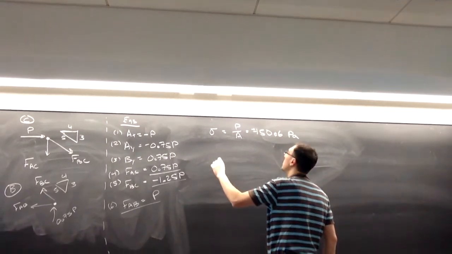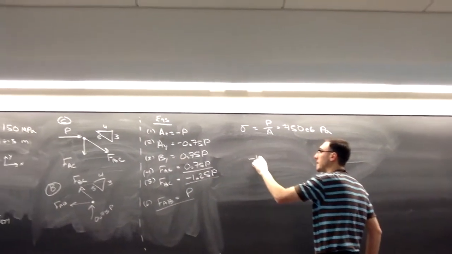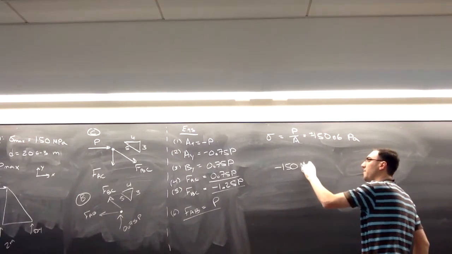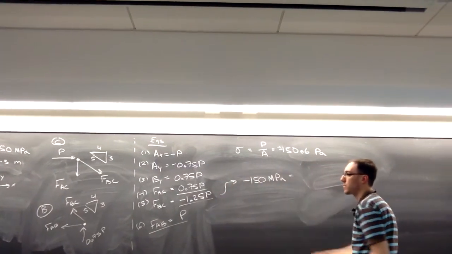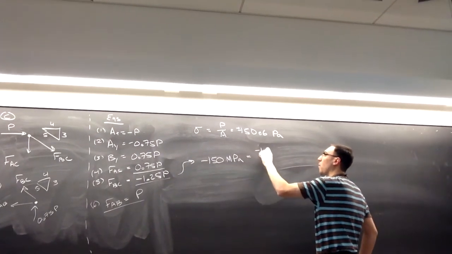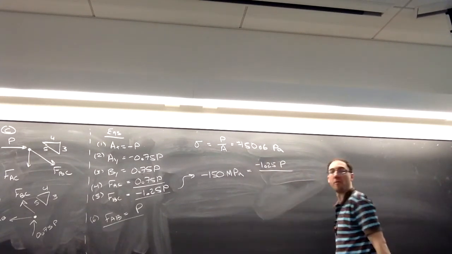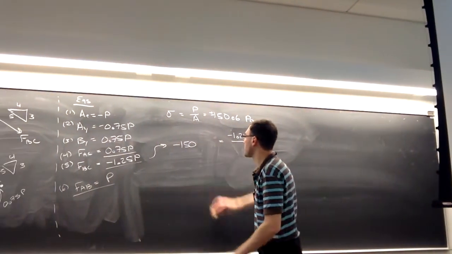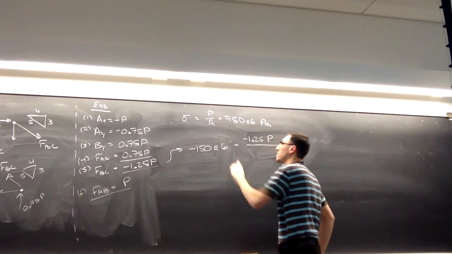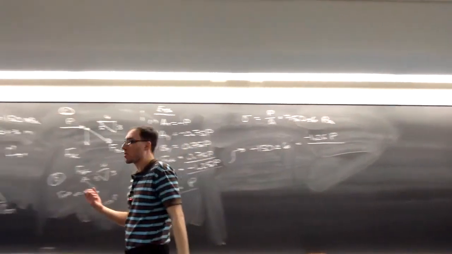So we know that because it's in compression, we want to make sure we don't exceed negative 150 megapascals. And that's going to be equal to negative 1.25 times P over its cross-sectional area. I'll write this in base units. In this case, they are circular cross-sections.